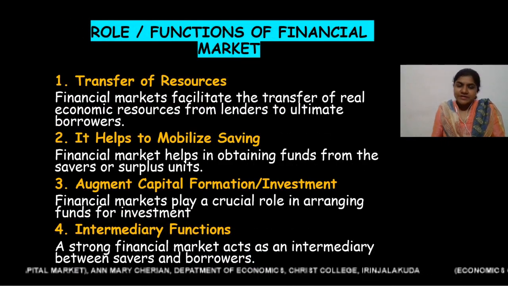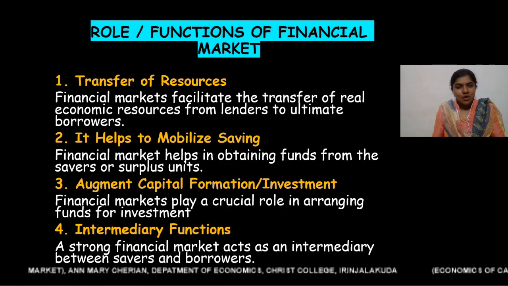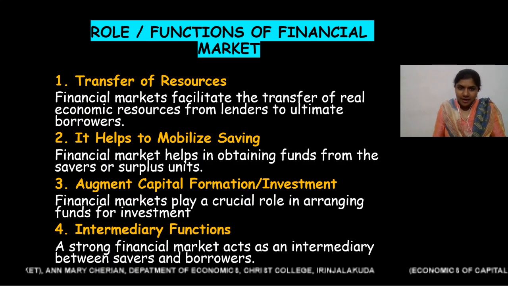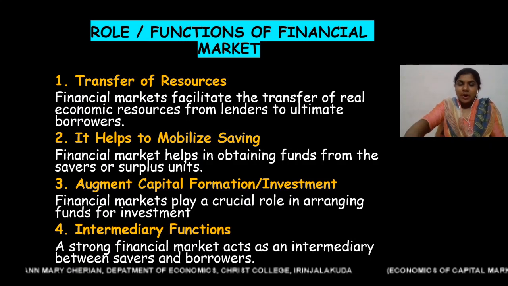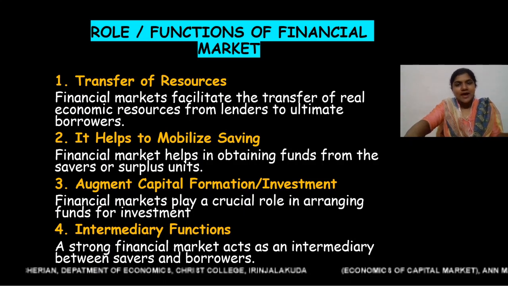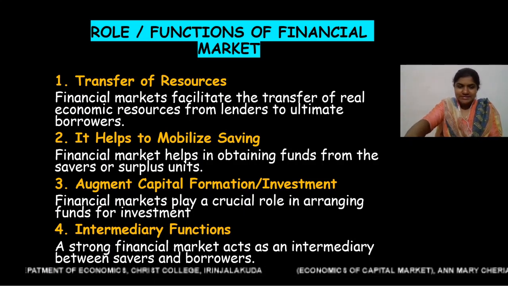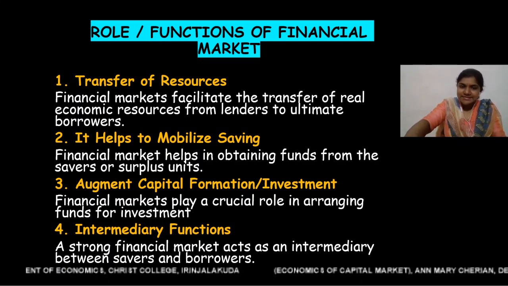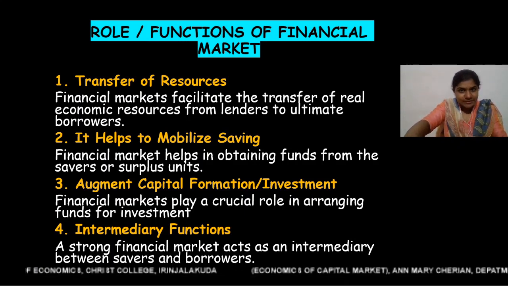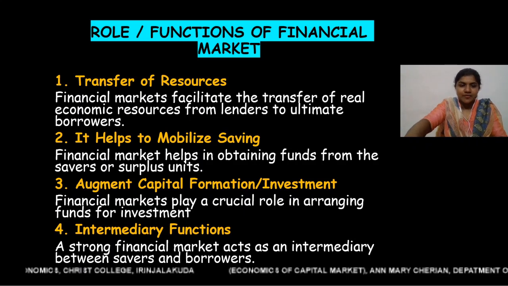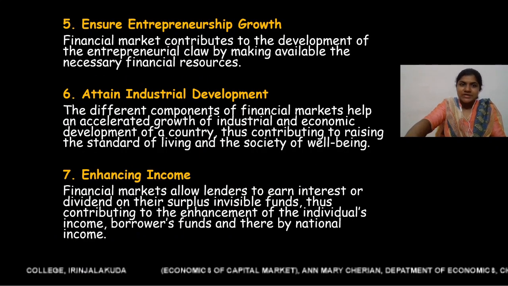So today we have discussed the functions or roles of financial market. We were discussing 10 important points. Financial market transfers resources from savers to borrowers. It mobilizes savings and boosts capital formation or investment of a country. Then financial market acts as an intermediary between savers and borrowers.